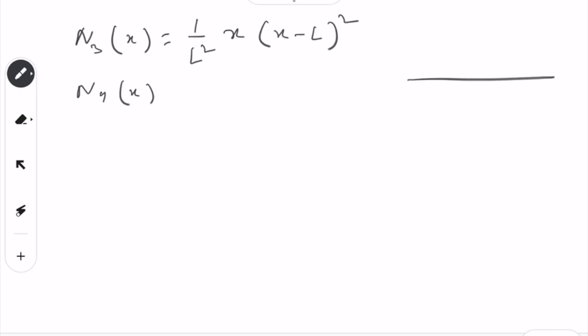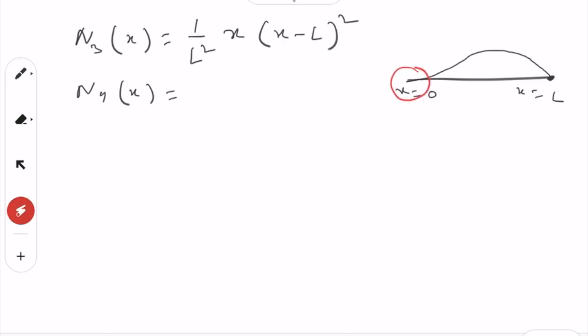So what we are going to get is the slope is 0 and the value is 0 here, and slope is 1 and value is 0 at the other end. So this is x equal to 0, x equal to L here, and how can you find out?